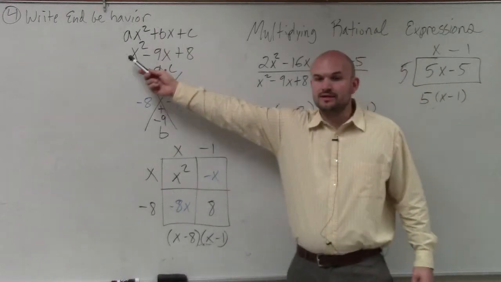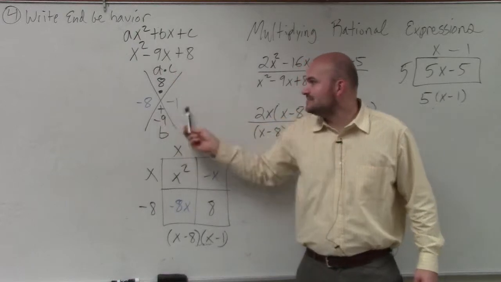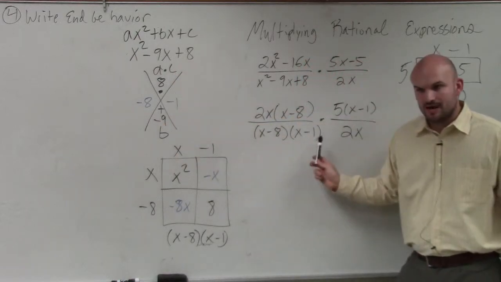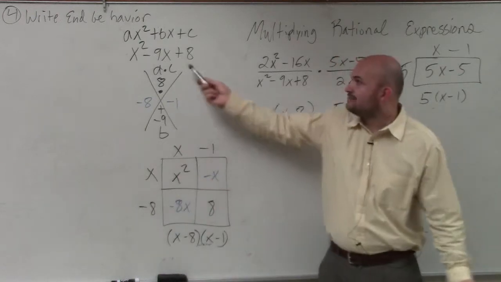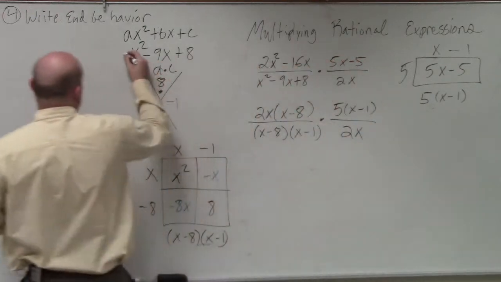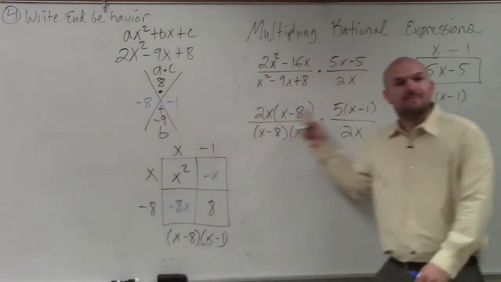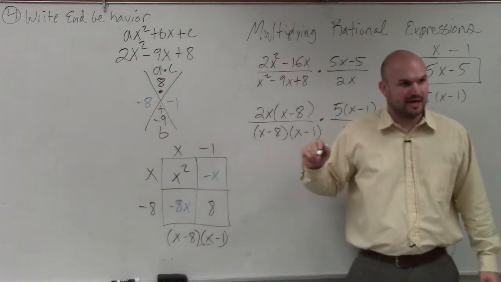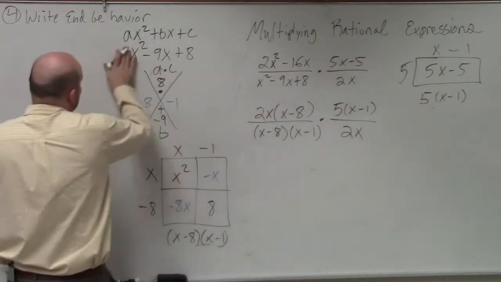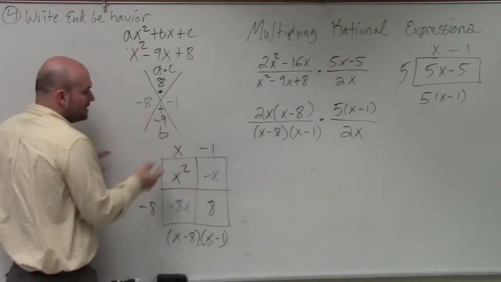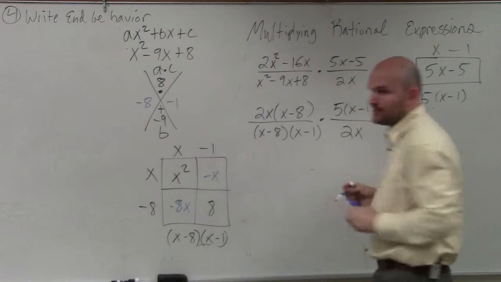When a is equal to 1, these values are right there, so it's easy. You don't even need to do the box. But if a was not equal to 1, like 2, then these values would not be that, and you would have to use the box. You can use the box for both problems, but because of the shortcut where a is equal to 1, you can simply take these 2 values and put them right there.